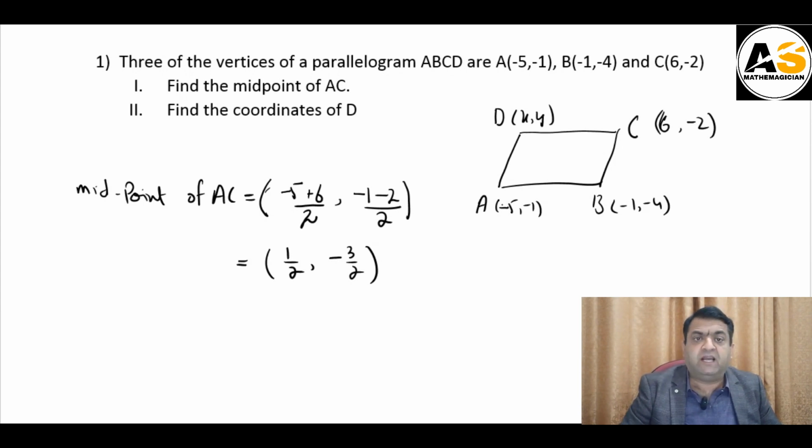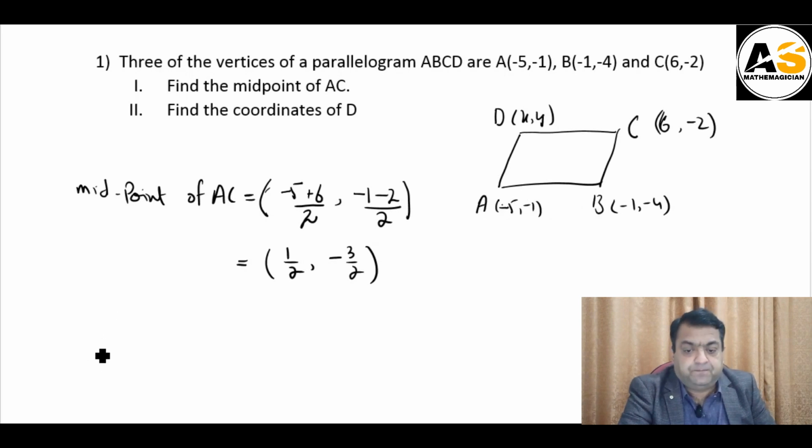So we will use the concept of parallel lines, because a parallelogram is a quadrilateral whose opposite sides are parallel. Here AD is parallel to BC, and AB is parallel to DC.